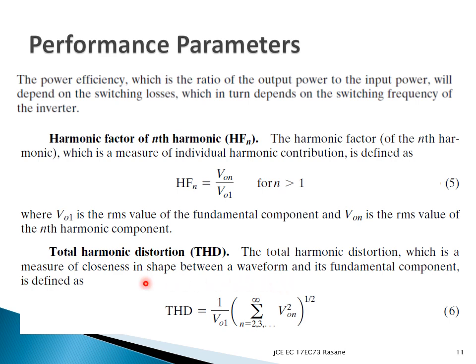Total harmonic distortion is given by 1 upon V01 into the square root of the summation of V0n squared, for n from 2 onwards to infinity, all the harmonics included. So this is the total harmonic distortion, another performance parameter that we are looking into.